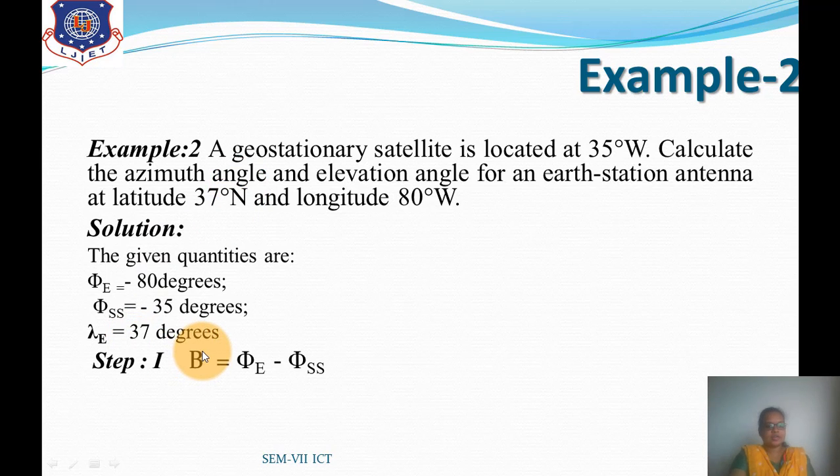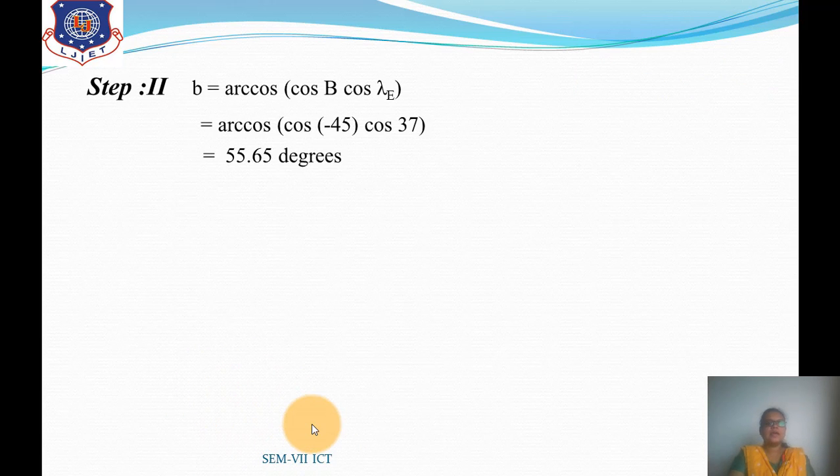Now, we will calculate our first step similar to the previous example. So, phi E minus phi SS: minus 80 minus minus 35, so you will get minus 45 degrees. So remember that B is negative over here. Now, step 2, we need to find small b, that is arc cos of cos B cos lambda E. So substitute the values of B and lambda E over here.